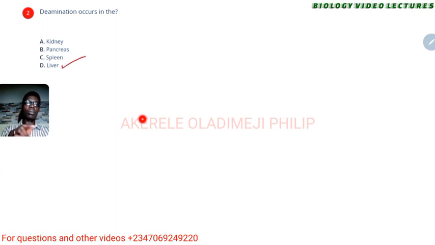Now bear this in mind. What really happens is this amino group will be converted to ammonia, which is harmful. Then that will be converted to urea. All right. So basically, deamination is like converting excess amino acid to what is less harmful, which is urea, which will then be excreted out of our body.